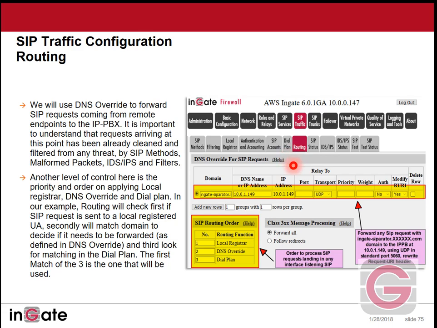Whatever comes in the domain name in the SIP request, let's say a SIP invite or SIP register, will be matched on this table. And if the domain matches, then the relay will be made to, in this case, the PBX.